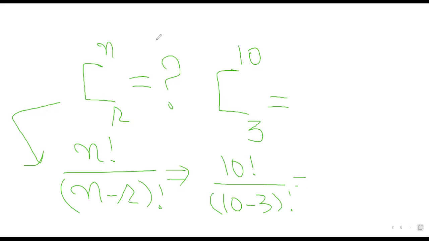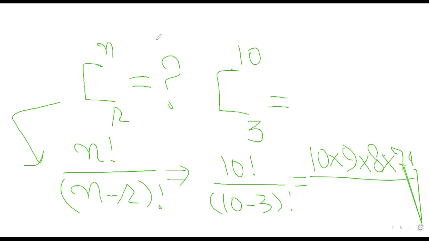I'm sure you know what factorial is. 10, every time one less, then one less, and we end at 7 factorial. And here 10 minus 3 is also 7 factorial, so this 7 factorial cancels with that. So what we have is the combination 10, 9, and 8. Are you getting this? So this is all about the combination.